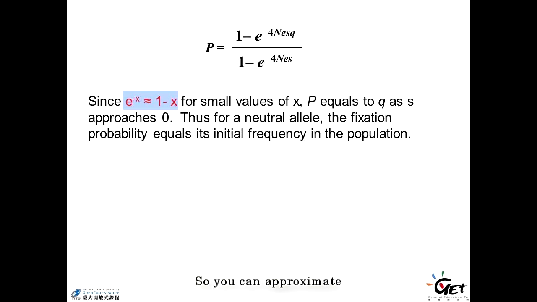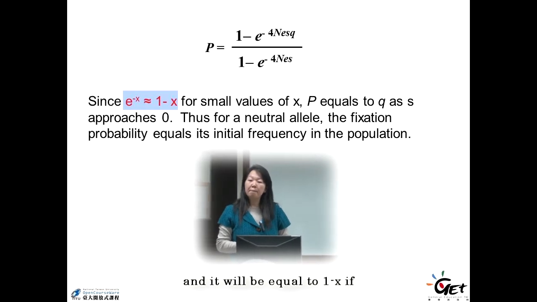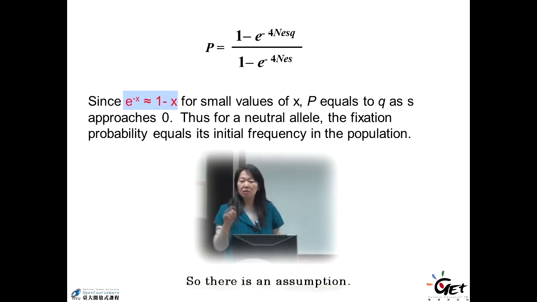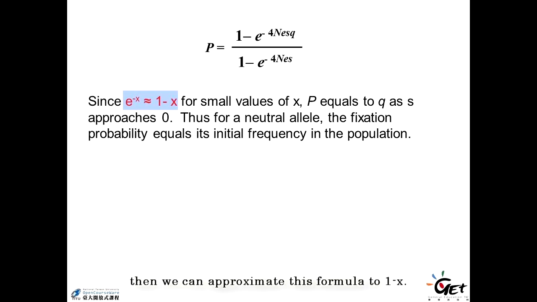So you learn we can approximate e to the power of negative x, and it will be equal to 1 minus x if x is very small. So there's an assumption: if x is very small, we can approximate this formula to 1 minus x.